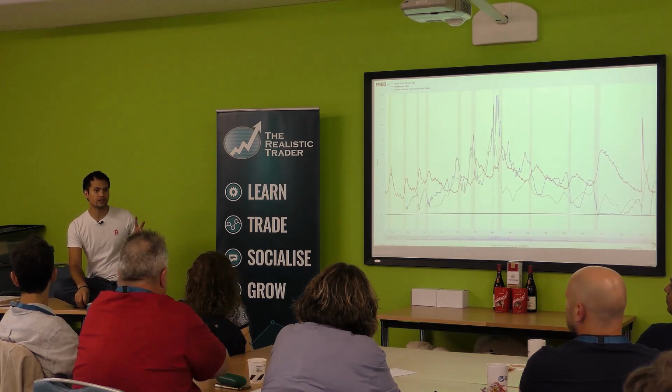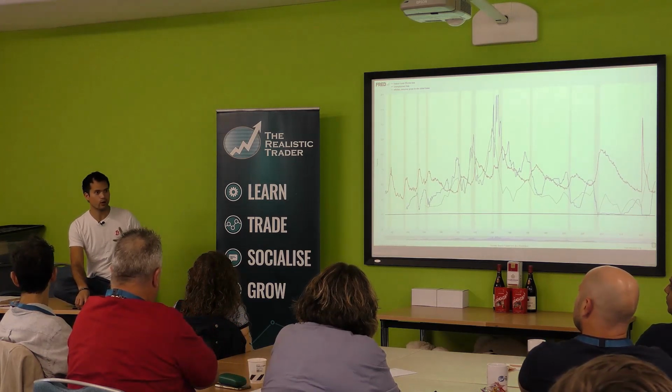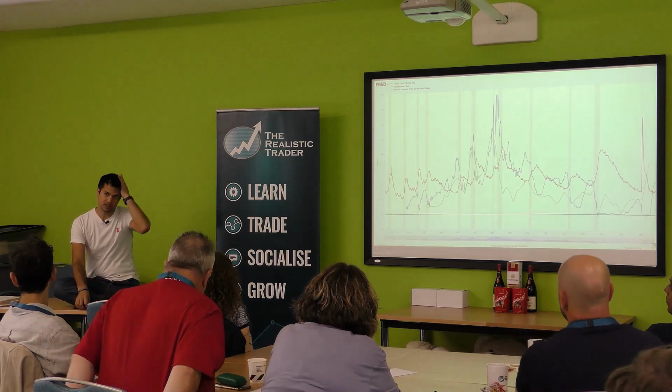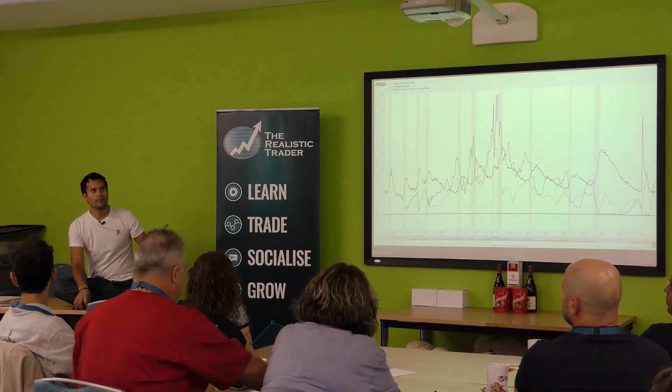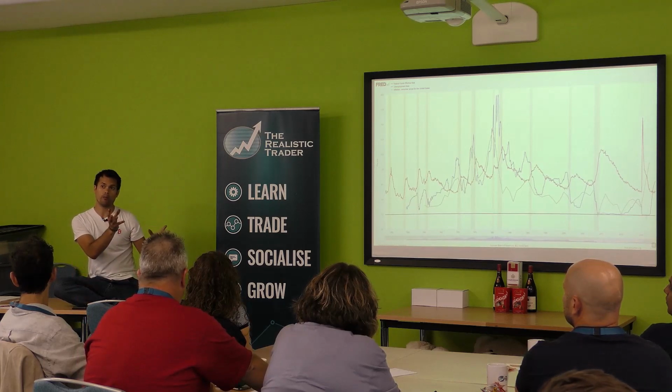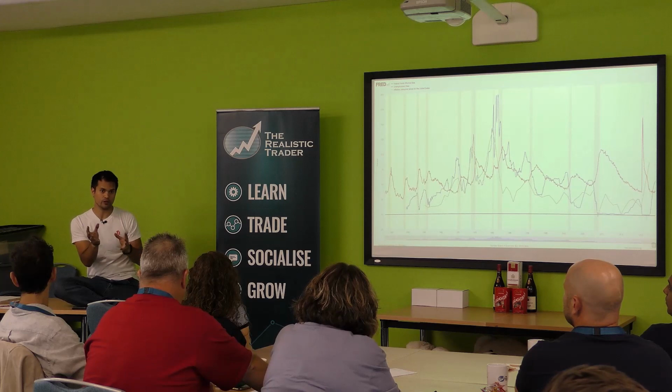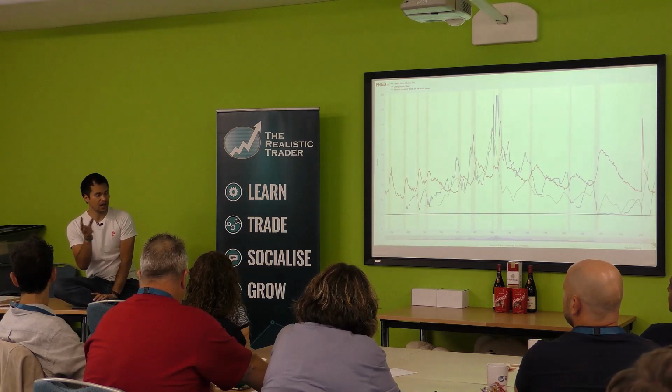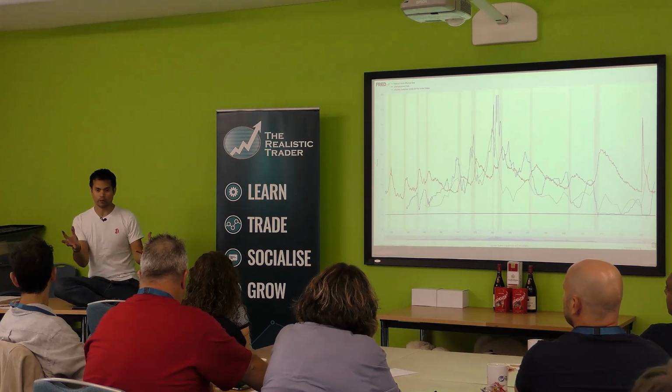A lot of people think that the stock market is the economy. It's not. The stock market is a forward projection of what people think is going to happen in the future, but underlying that, the economy moves a lot slower.